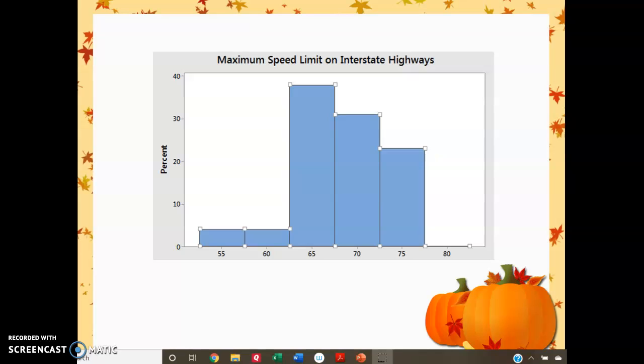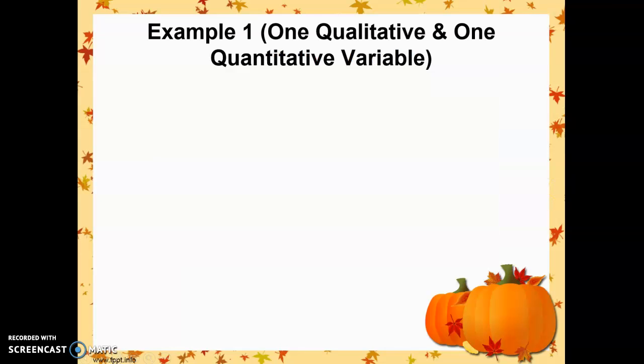One other thing that we want to be able to do here in lesson 3.1 is we also want to determine what are called marginal distributions or marginal percentages. So in this next example, we've got a categorical variable, car or truck or vehicle type, and we've got a quantitative variable, maximum speed limit. It's numerical.